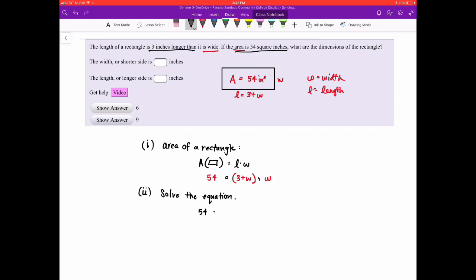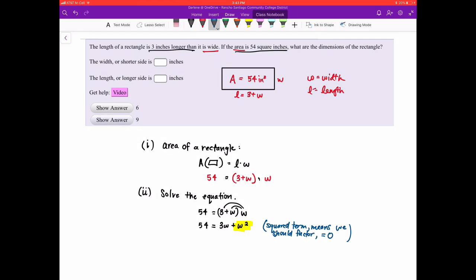So I have 54 equal to 3 plus W, in parentheses, W. I'll distribute the W on the right side and get 54 equal to 3W plus W squared. At this point, we can notice that we have a square term. And the fact that we have a square term means we should set equal to 0.